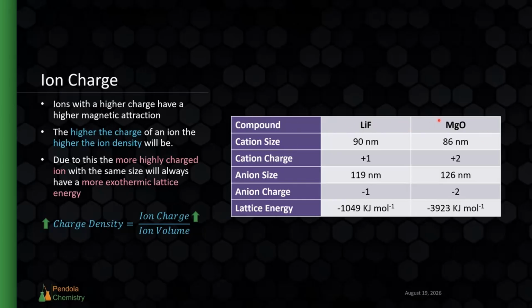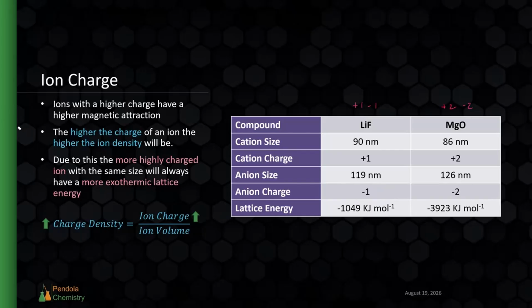So we can see this in the comparison between lithium fluoride and magnesium oxide. The charge of the cation is higher in magnesium than it is in lithium. And the charge of the anion is also larger in magnesium oxide than it is in lithium fluoride. So here we have a compound with a +2, -2 charge, and a compound with a +1, -1 charge. Now, the sizes of the ions are fairly comparable.